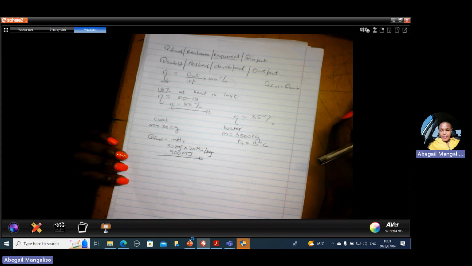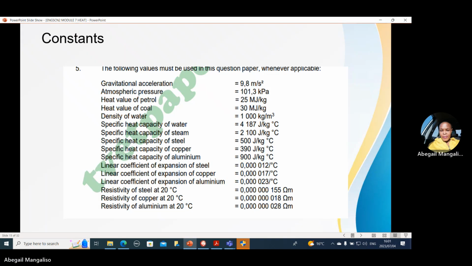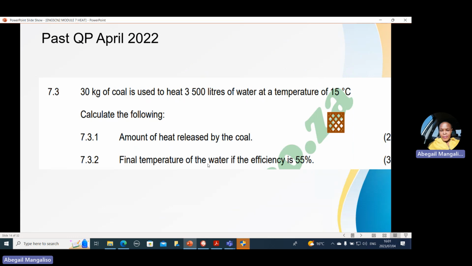The second question says calculate the final temperature of the water if the efficiency is 55. You're not given the heat lost, you are given that the efficiency is 55. When you have efficiency, it means heat lost is not equal to heat gain. It's 55% of it.